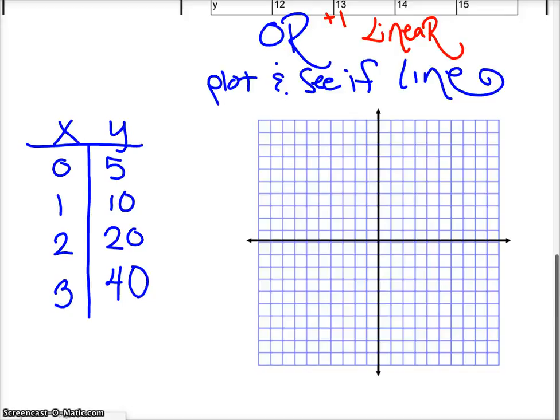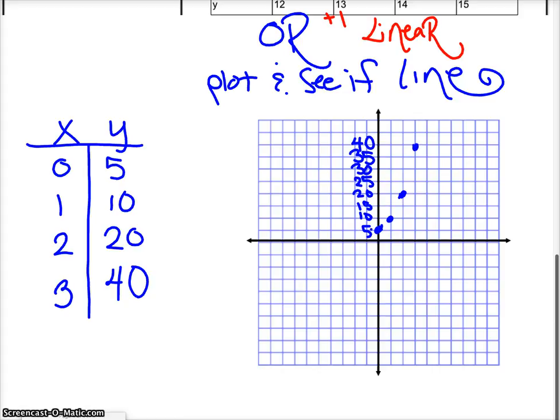See, that's the y. So what I would do is maybe go 5, 10, 15, 20, 25, 30, 35, 40. So 0 and 5, plot. 1 and 10. 2 and 20. 3 and 40.